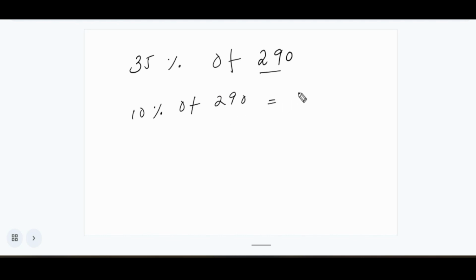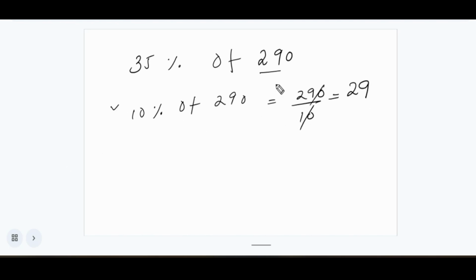Understand? For example, we need to find 35% of any number you can choose. I am taking a difficult number like 290. So I know that I can first find 10% of 290, which is 290 divided by 10, right? Zero will be cancelled out and we will be left with 29.